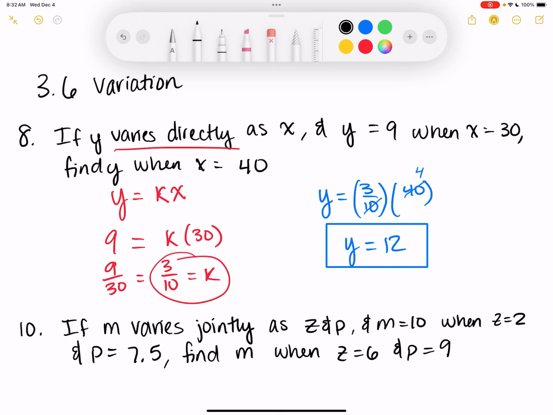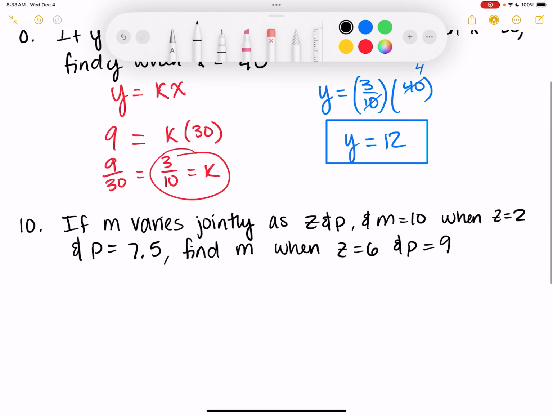The formula for joint variation, they're using some different letters than your formula used in the notes. But the formula in the notes was y equals k x to the n z to the m.